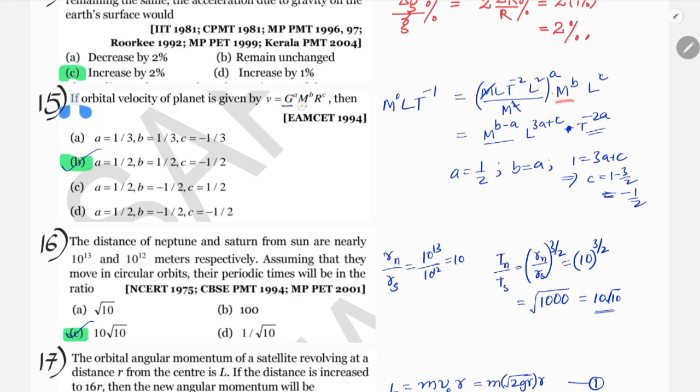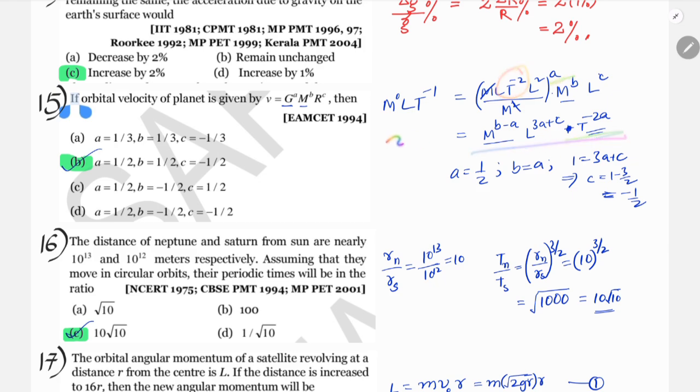Now m here is mass only, so this is mass power b. Next, radius is the length power c. Just distribute this and resolve, and write down how many M's are there: M power b minus a. Next, L power 3a plus c. Next, T power minus 2a, one left there.